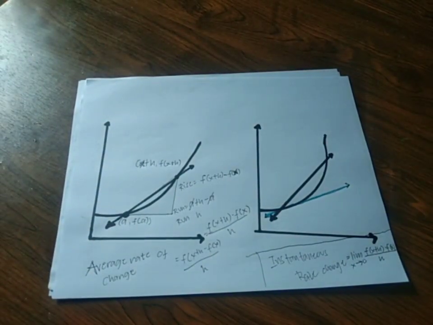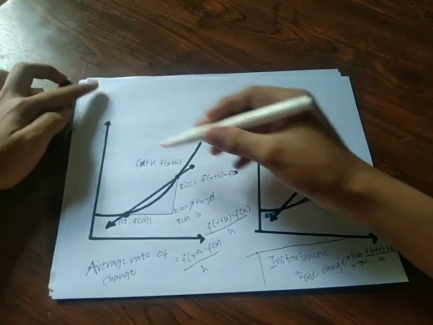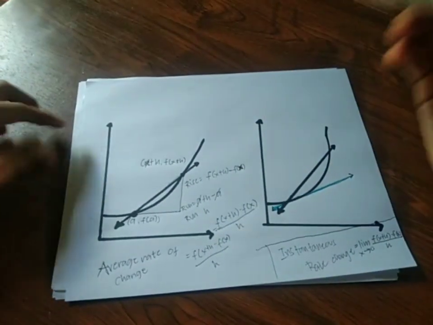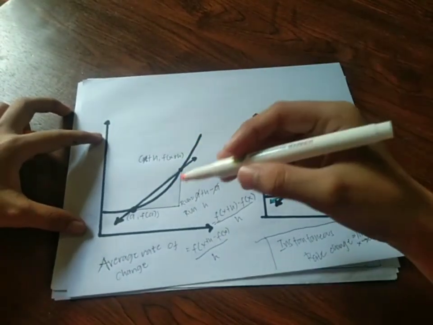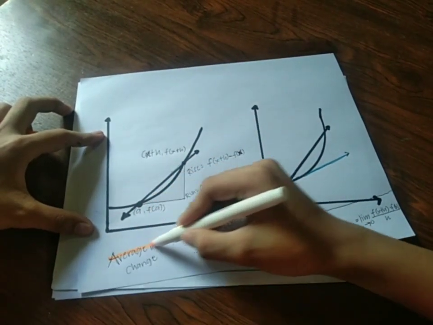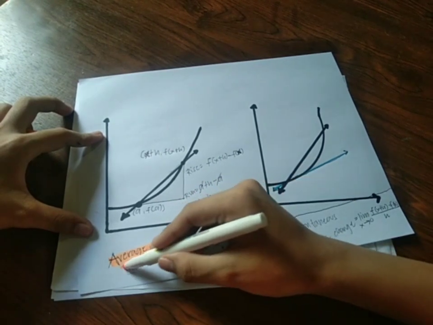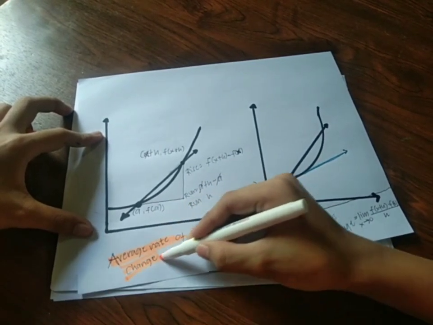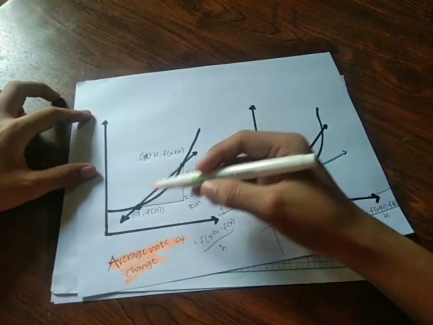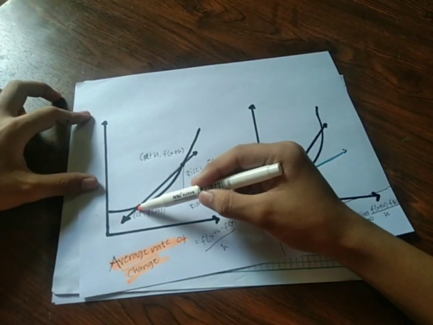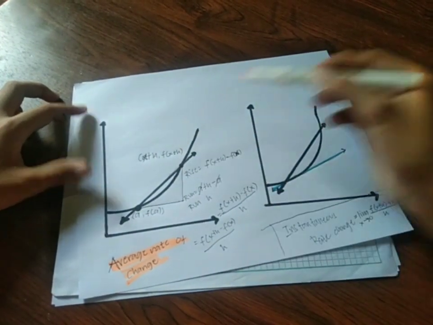So here, this is the graph of the average rate of change, and finding the average rate of change. This is the average rate of the two points creating a secant.